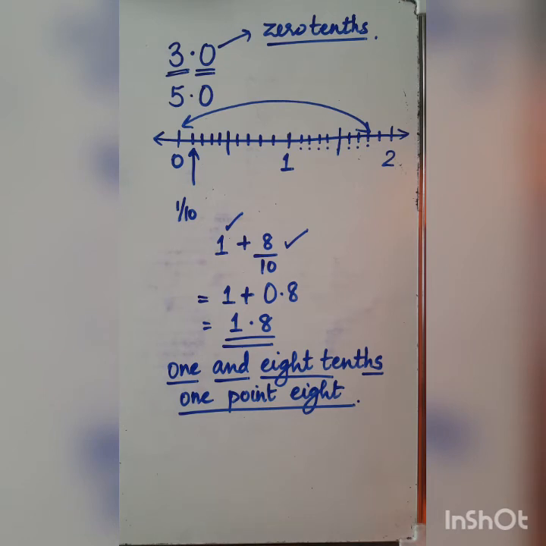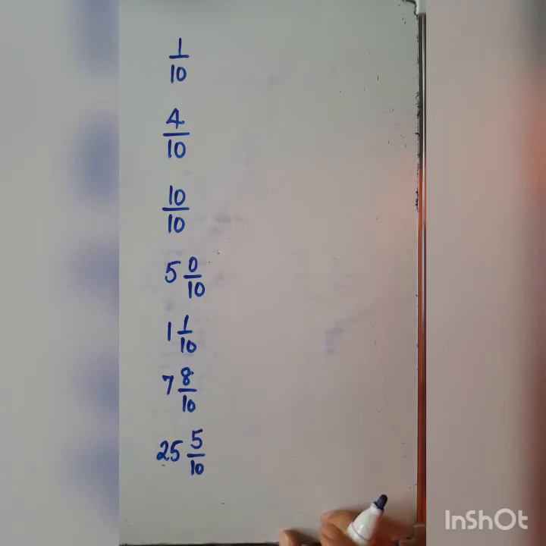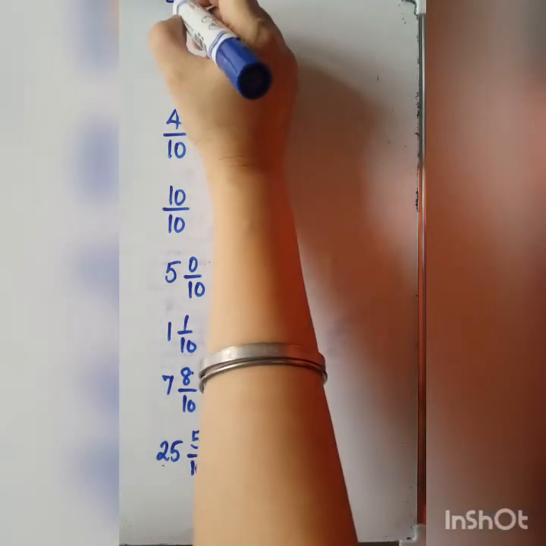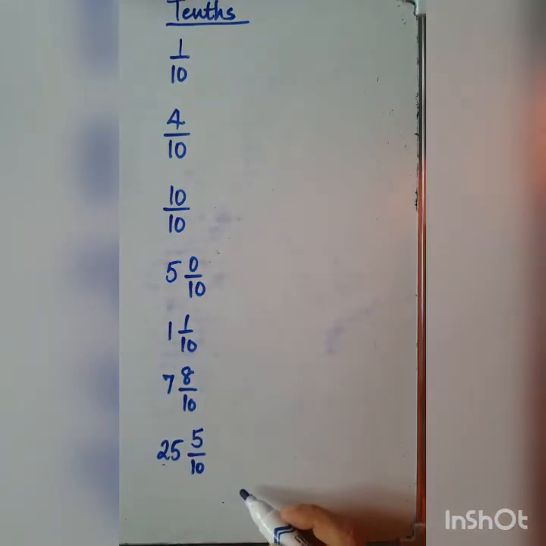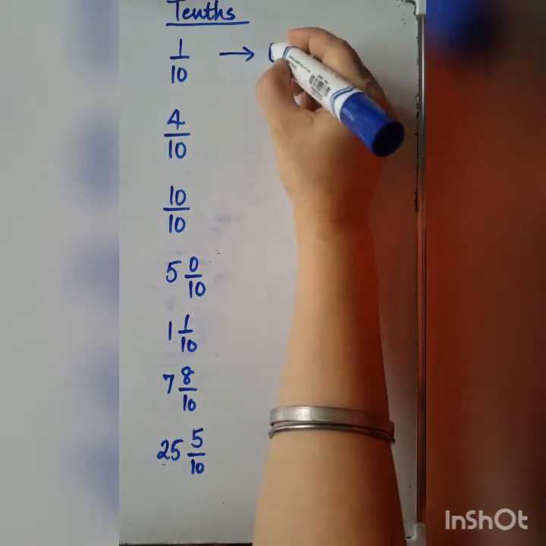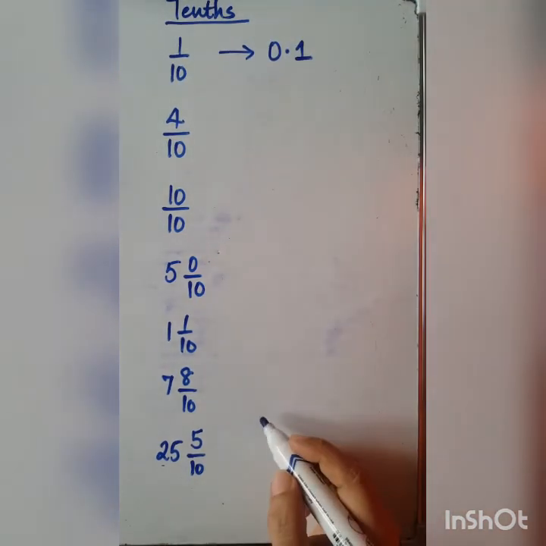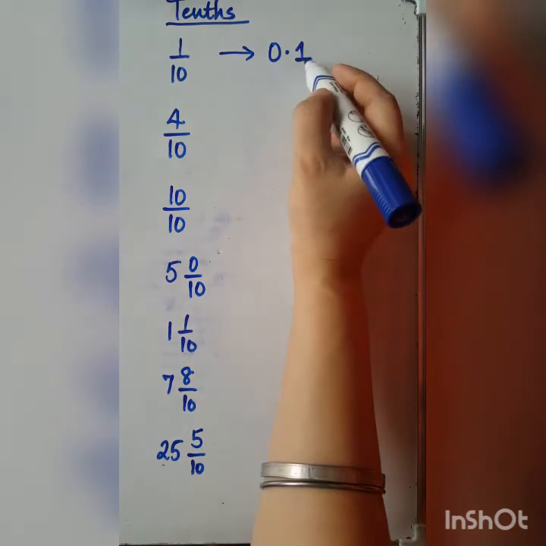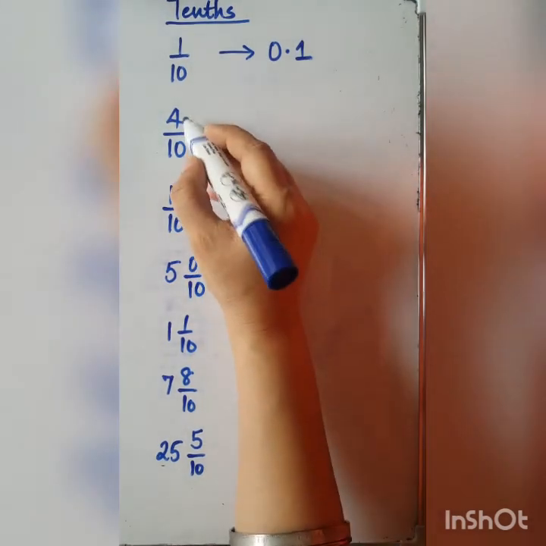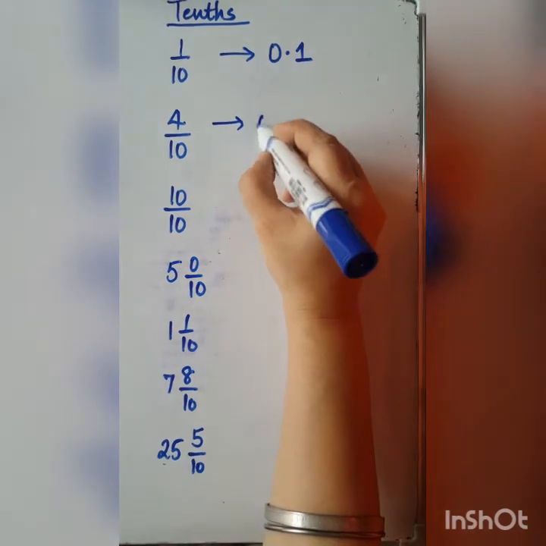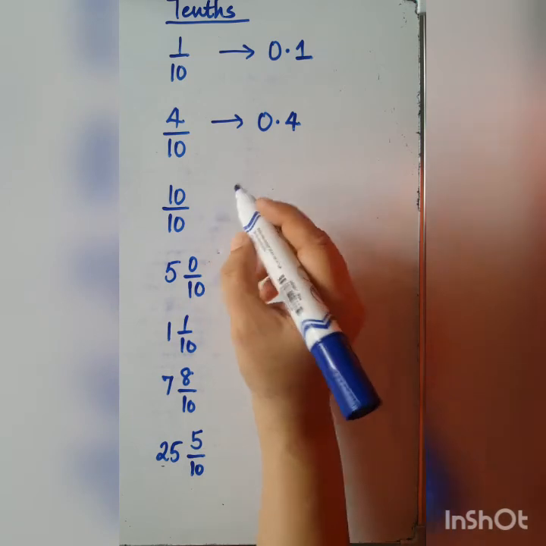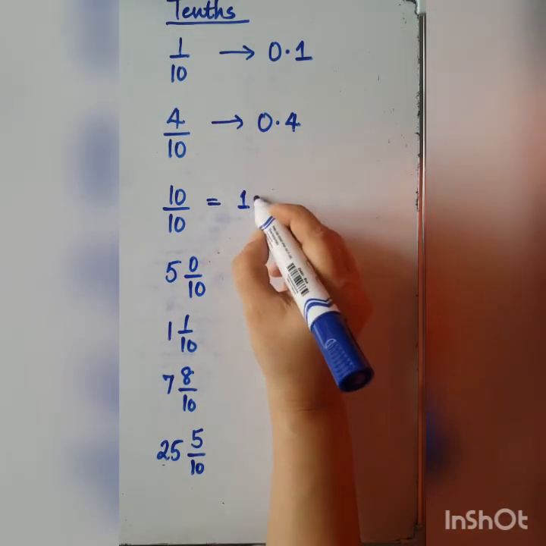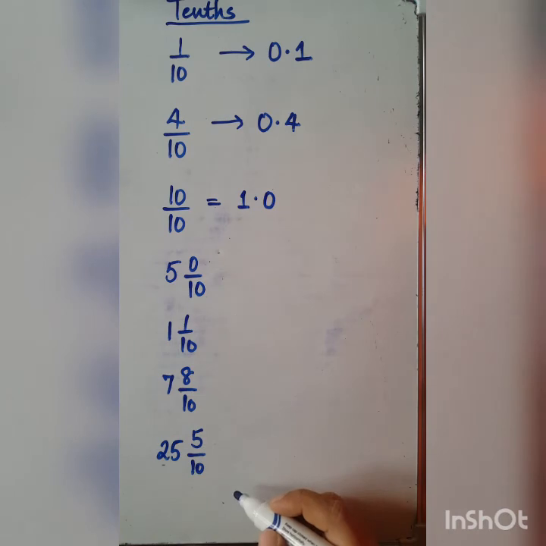So let us now practice how to read the tenths numbers. The numbers shown here are tenths numbers. The first number represents 1/10. In the decimal form, it is written as 0.1. So it is either read as 1/10 or 0.1. Similarly, this is 4/10 or 0.4. Now 10 on 10 or 10/10 is equal to 1 and it can be written as 1.0.